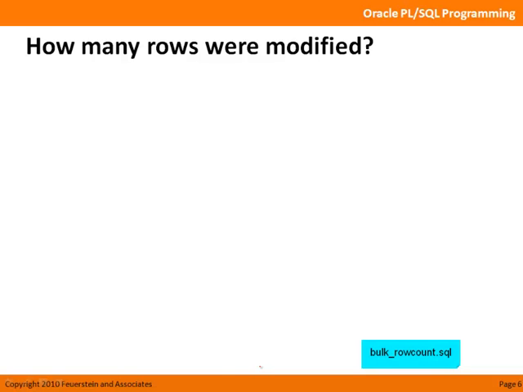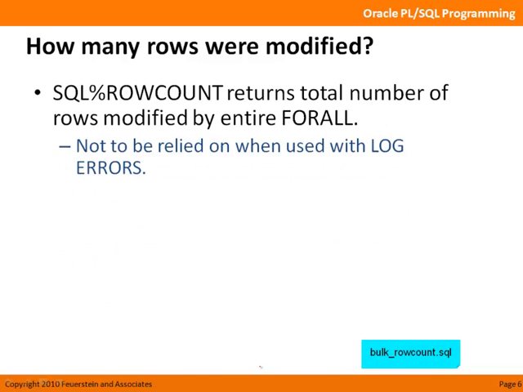All right, let's take a look at the SQL%BULK_ROWCOUNT attribute and how it can help you. First of all, SQL%ROWCOUNT, hopefully you're all familiar with that, is an implicit cursor attribute that returns the total number of rows modified by the entire FORALL. In general, SQL%ROWCOUNT returns the number of rows modified by the most recently executed SQL operation in your session.